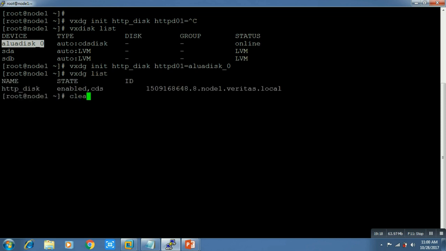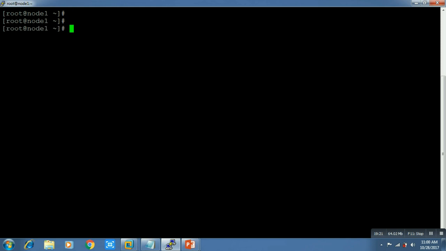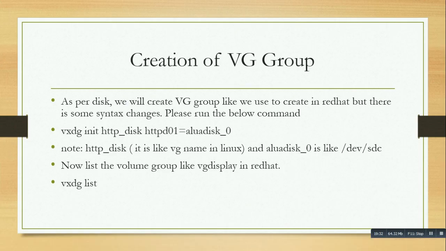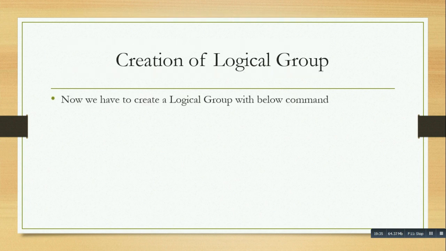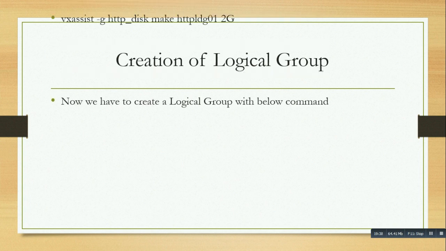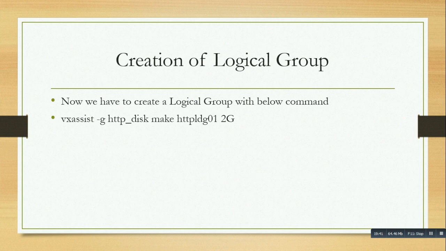This is the command vxassist -g, like we provide in Linux also, -g is my group name, http_disk, then make http_lv01. L stands for logical, so it's for my understanding. You can write it whatever you want, right? And the last is 2g, which stands for the size of my volume. It is a Veritas logical volume with the command.